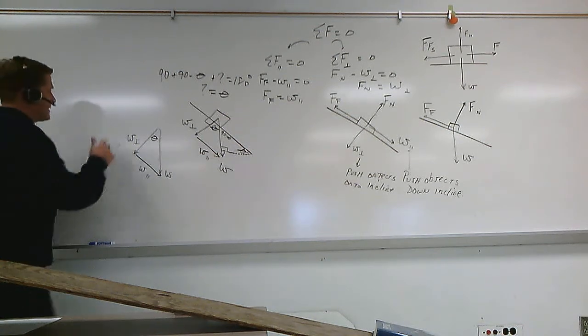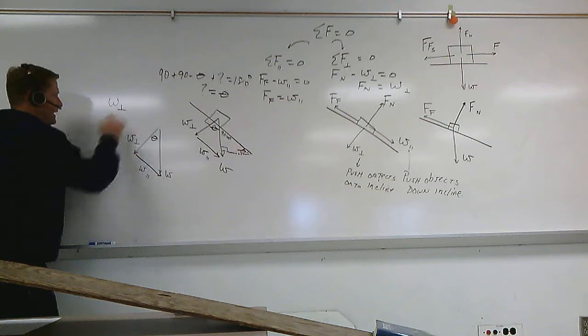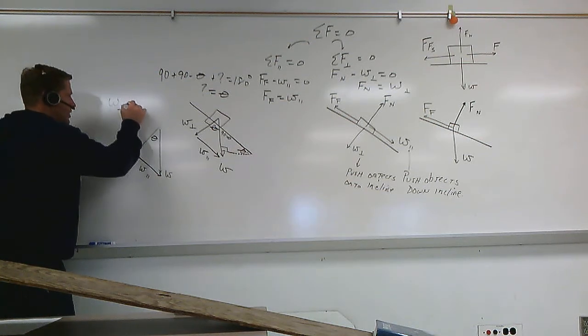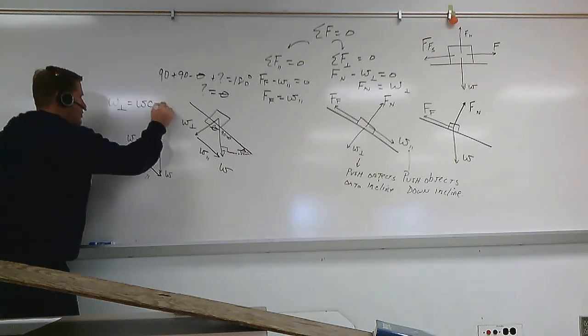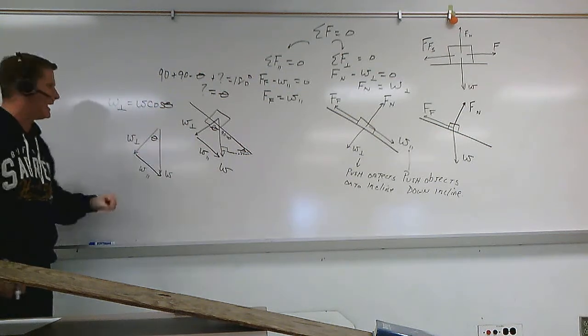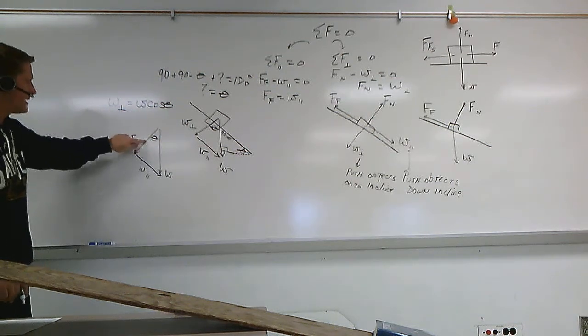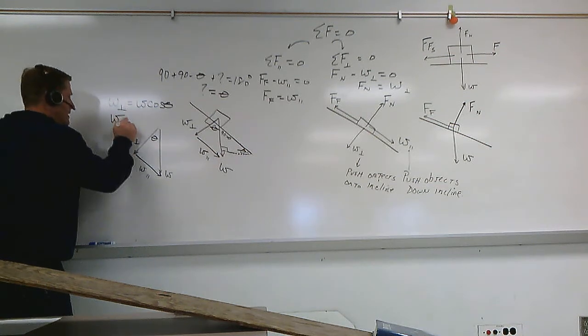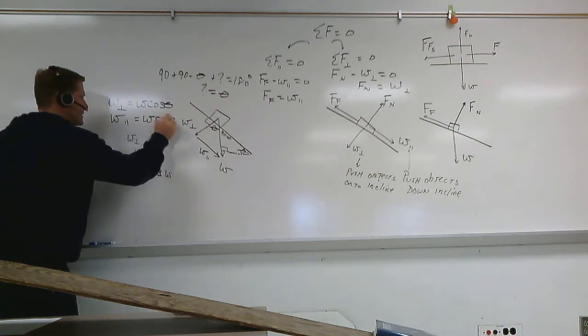So what that means is that W perpendicular, since it's the adjacent side of this trig triangle, is associated with the cosine of theta. So the portion of the weight that's holding the object on the incline is equal to the weight times the cosine of the angle. And the portion of the weight that's parallel to the incline is equal to the weight times the sine of theta.